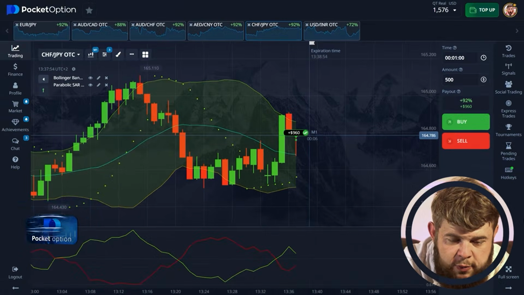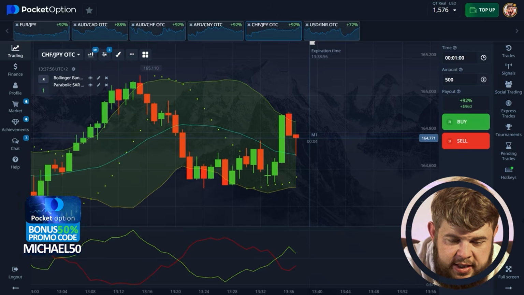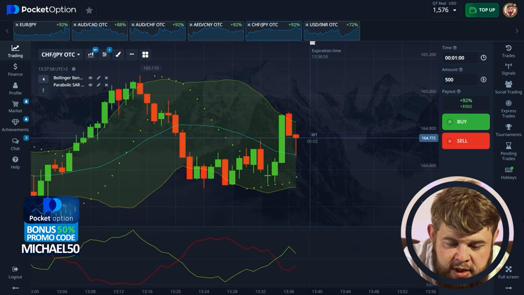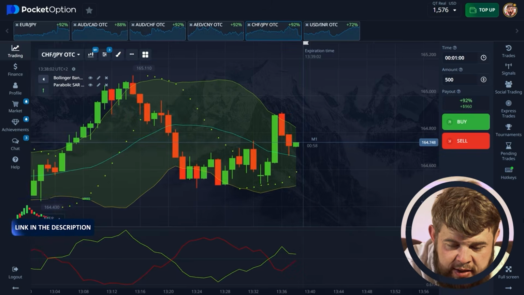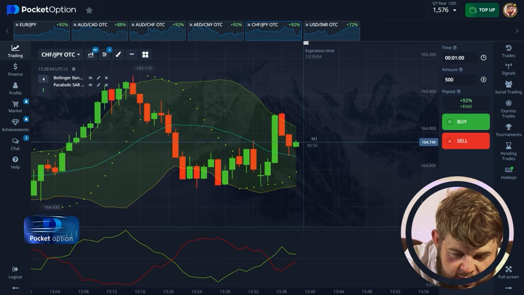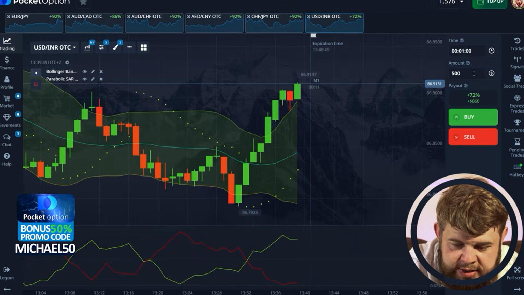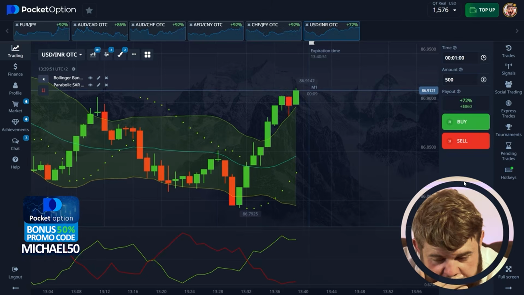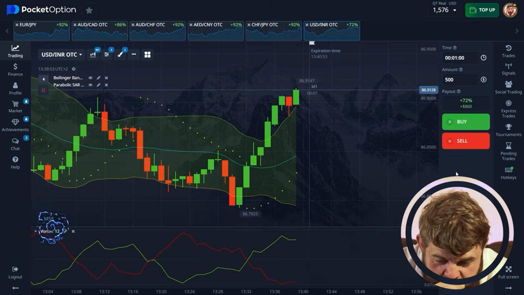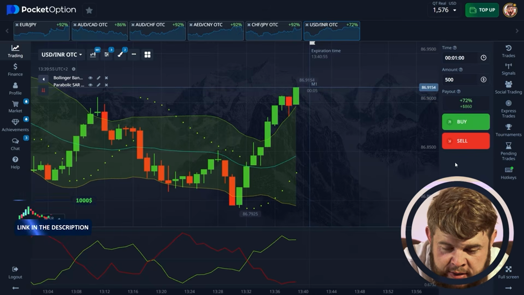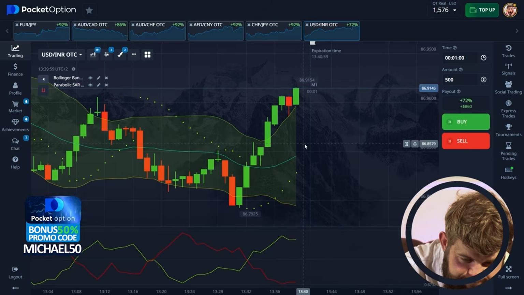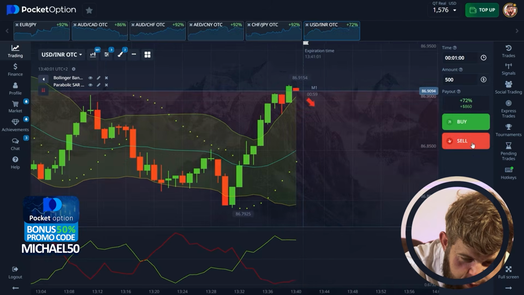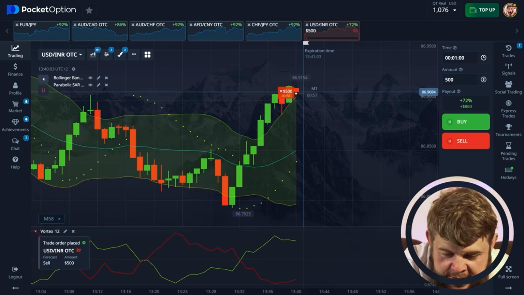Well, so it's done. We have $1,576 on the account. This trade was also closed with profit, and now we still have some time for the last trade for today. Let me check USD INR. Okay, so here the price has broken through the upper edge of the Bollinger Bands channel, but as you can see, we're growing not so nicely.